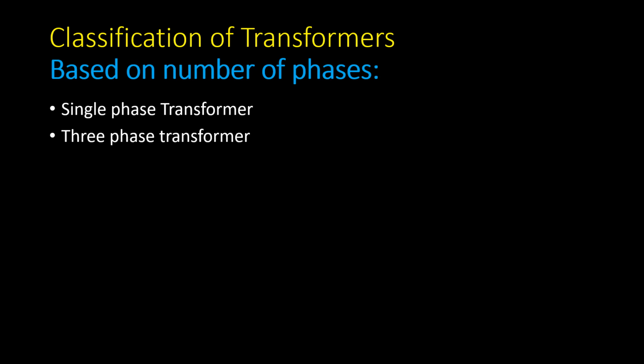Construction wise, in a single phase transformer you need one winding for primary and one for secondary. Whereas in a three phase transformer, we use three windings for primary and three windings separately for secondary side. So totally you need 6 windings in a three phase transformer.